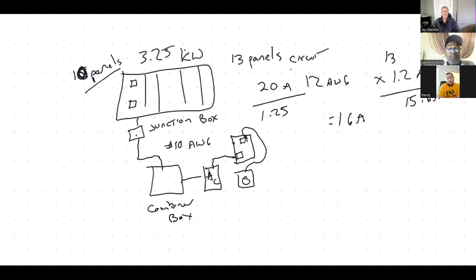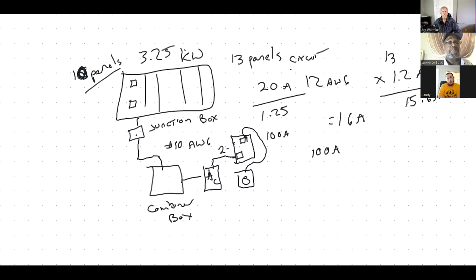So let's say that this house has 100 amp service and it has a 100 amp service panel. How many amps can we come in with from our inverter? 120. Yeah, so we can come in with a 20 amp circuit, right?